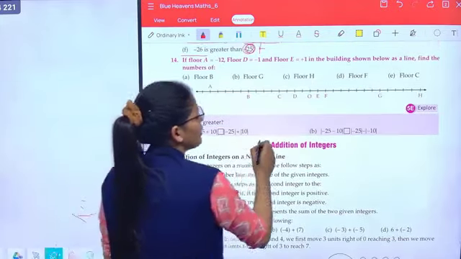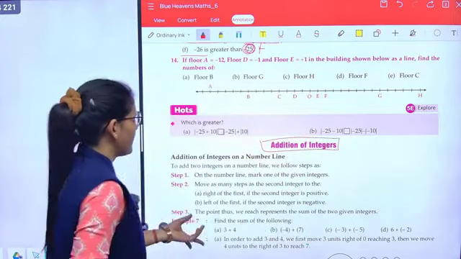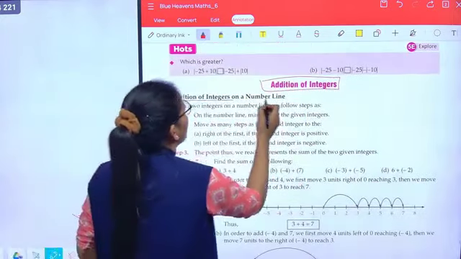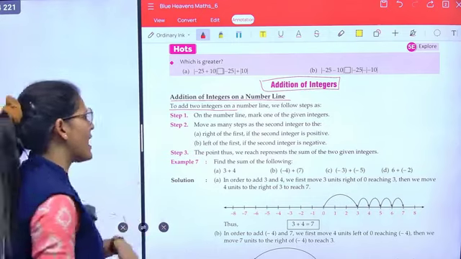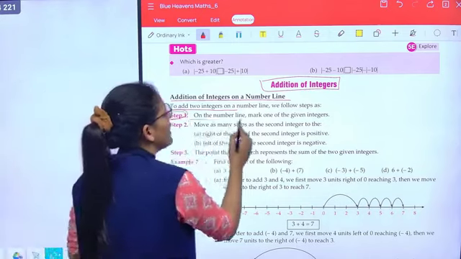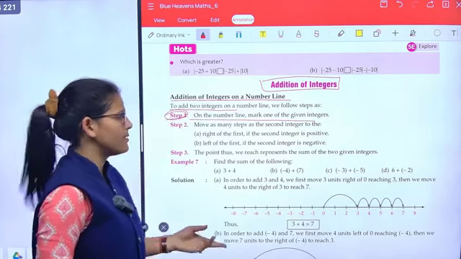Come on. Addition of integers. Addition of integers on a number line. To add two integers on a number line, we follow steps as 1. On the number line, mark one of the given integers.